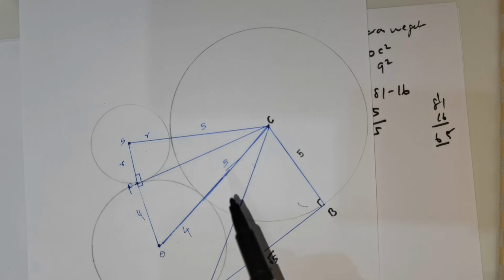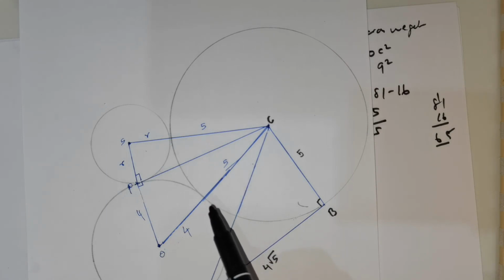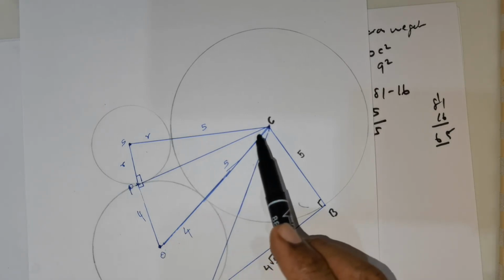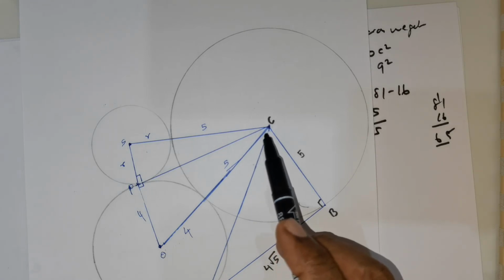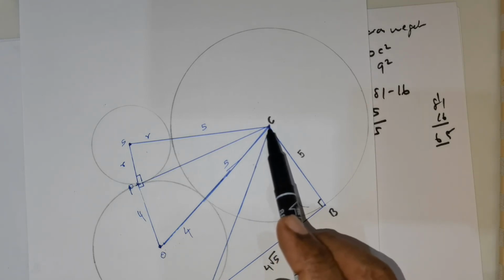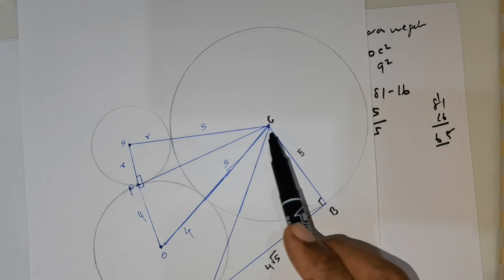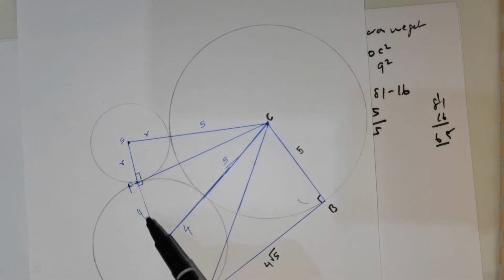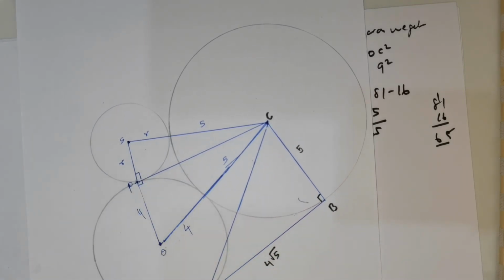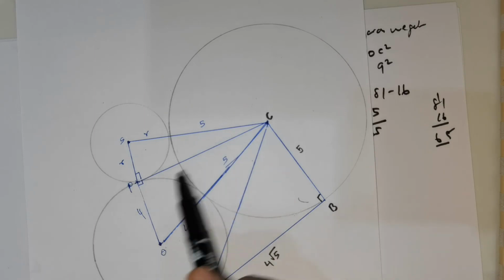Another important condition that we have utilized here is that we have assumed a tangency from the big circle to the 2 other circles. That is a very important assumption that we have taken for granted, so that has to be brought into consideration.